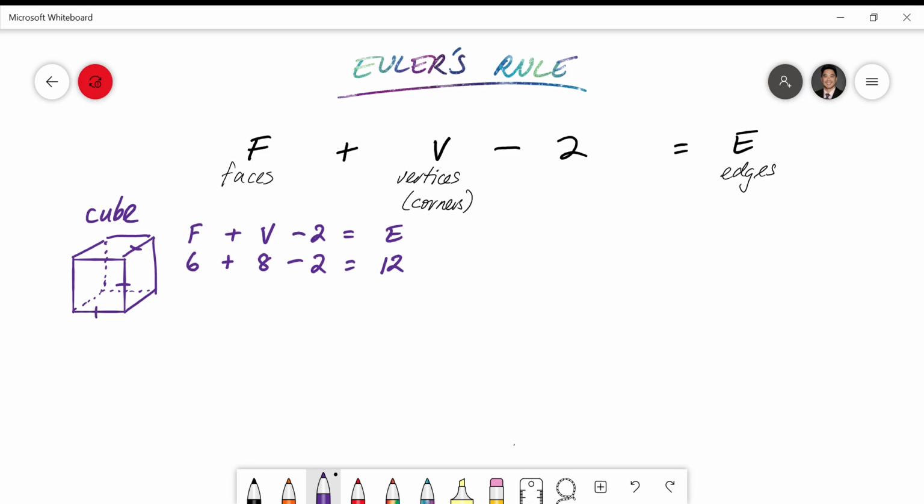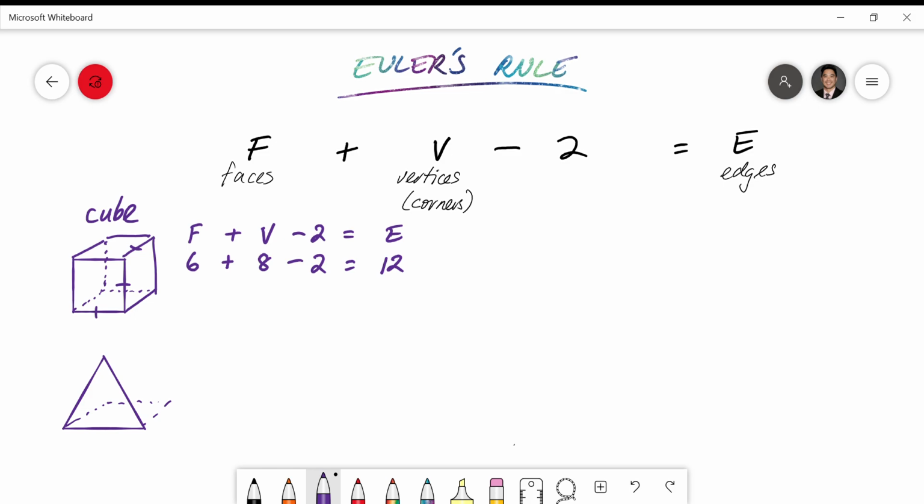Let's see, does this apply to, say, a pyramid? So we've got a pyramid here, and let's make it a square. It's a bit wonky.